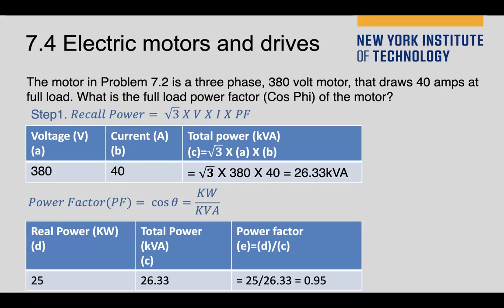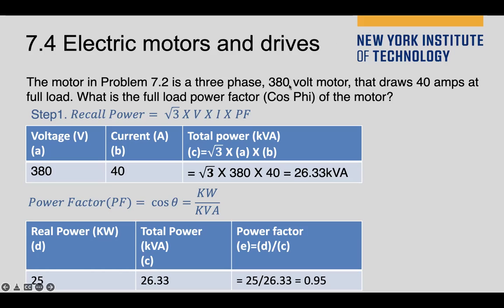So first of all, when you read the question, you know three phase, the three phase will catch your memory that immediately root 3 times V times I, and of course with the power factor and times the power factor will appear in your mind. So second, we need to know what parameter, what number we have already got.